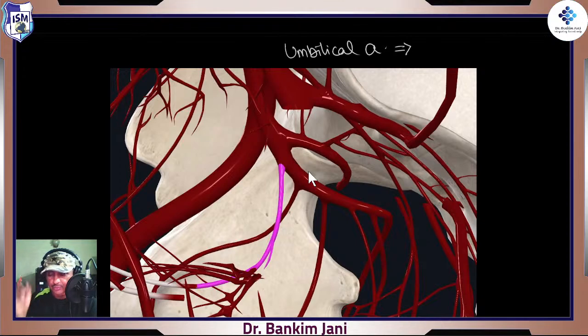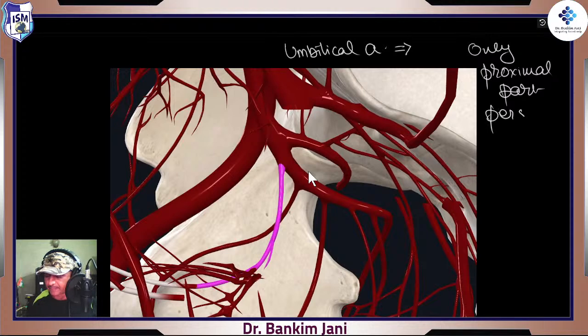Correct? The only important point is that only the proximal part persists.